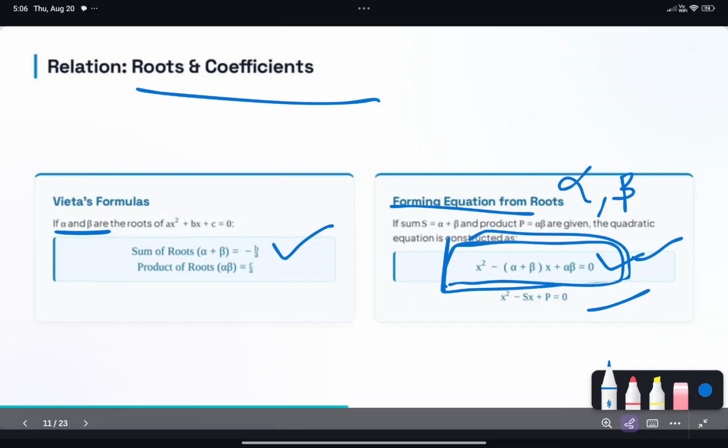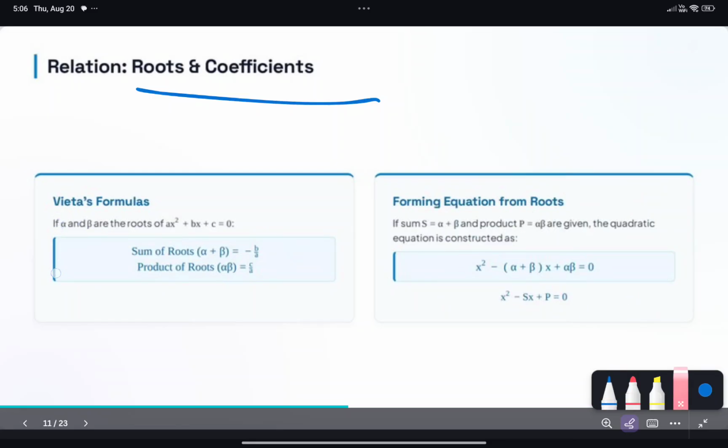It must be equal to 0, because it is an equation. That is the reason we must maintain equal to 0.